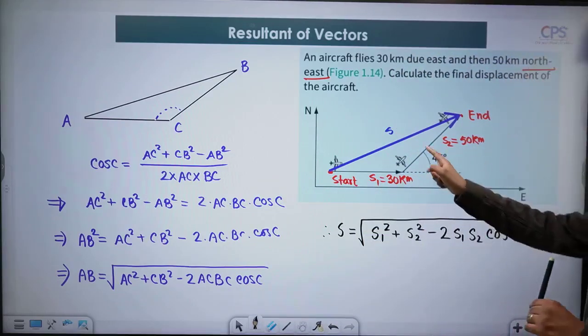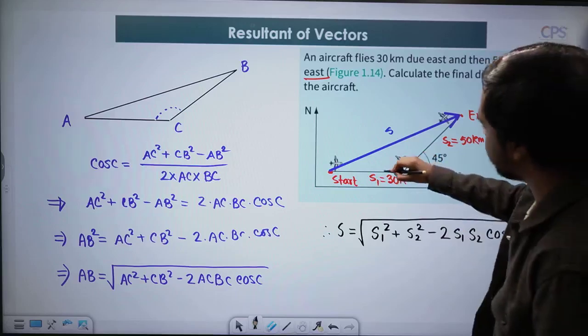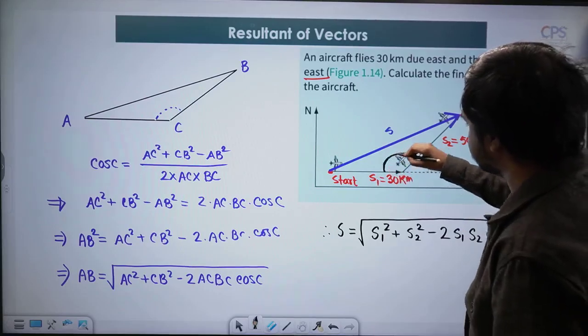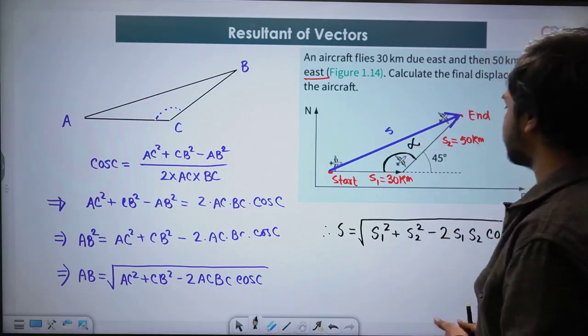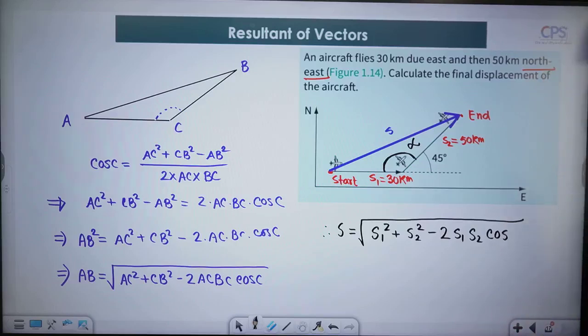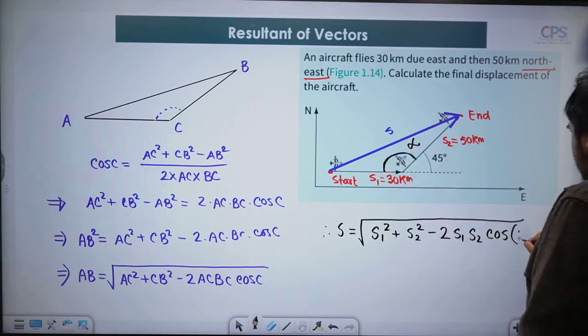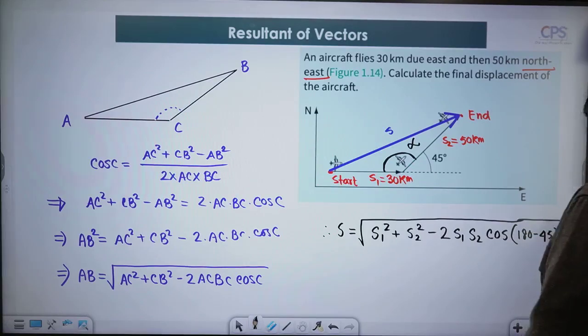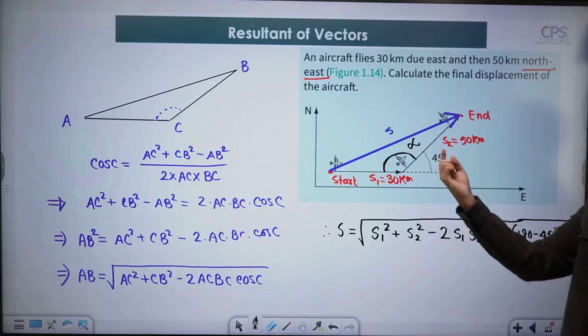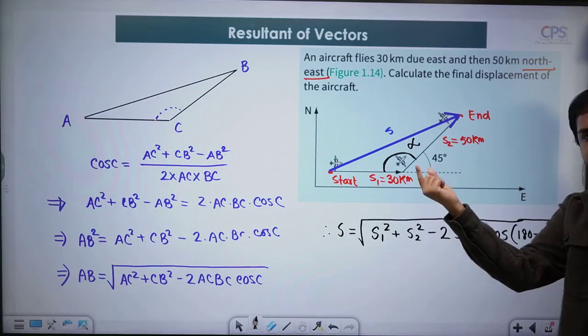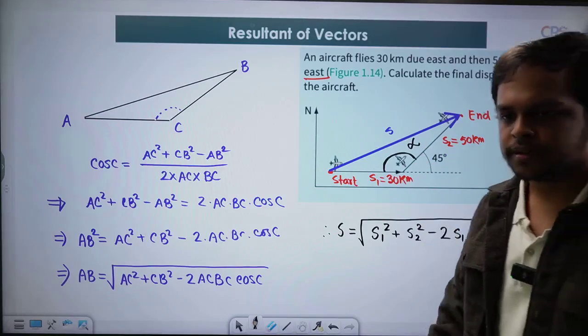Which angle? See, not 45. You need the cosine of this angle, right? Let's say this is alpha. What is alpha? Alpha is 180 degrees minus 45 degrees. You know how, right? The total is 180, this is 45, so this is 180 minus 45.